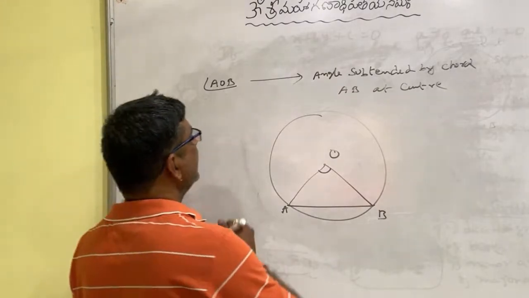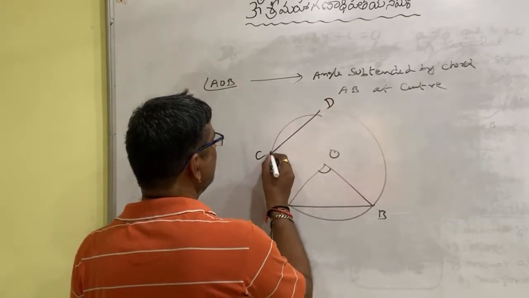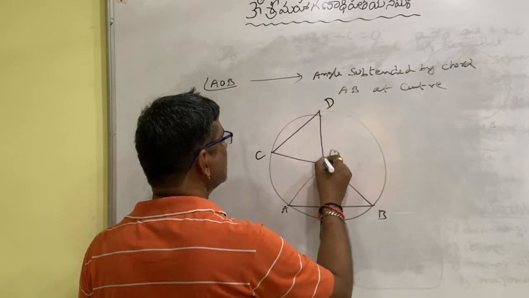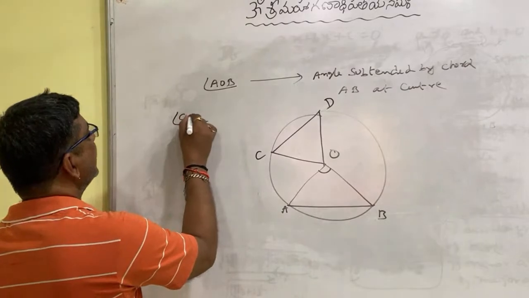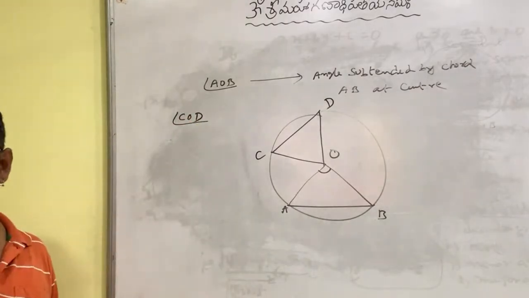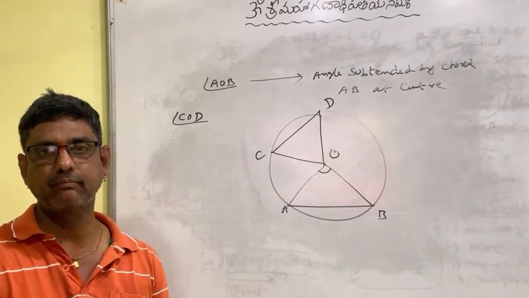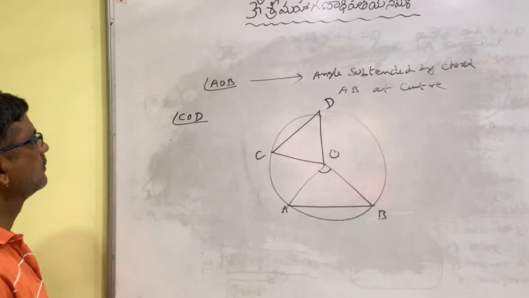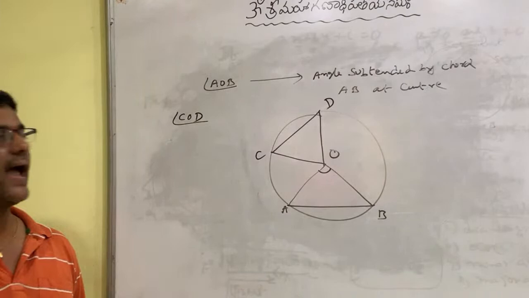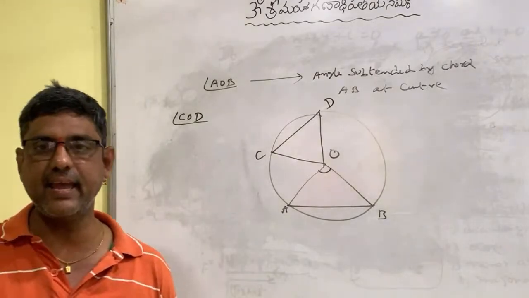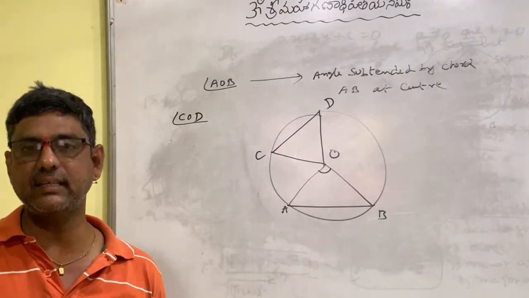Now, there is another chord CD whose endpoints also join with the center. Now we got another angle over here, angle COD. What do we call angle COD? Angle subtended by chord CD at center.